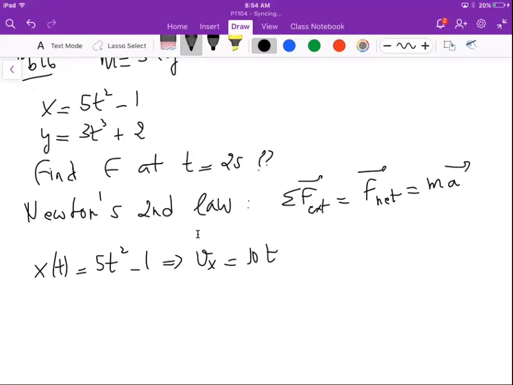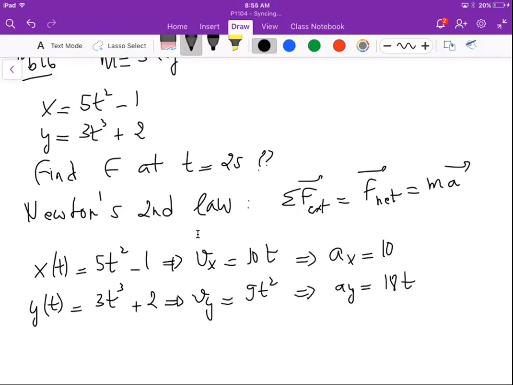And so we can determine that the acceleration ax is equal to 10. On the other side, we know that y as a function of t is equal to 3t to the power 3 plus 2. So we can determine then vy as 9t squared. And from here we can determine ay to be equal to 18 times t.